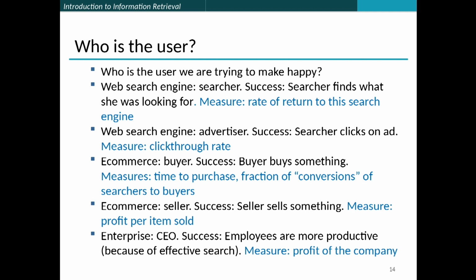So measure the rate of return to this search engine. If you consider the advertiser, clearly, it is how many clicks you have on your advertising banner. If you consider a buyer, it is to what extent, at the end, after your search, you buy something. If you consider the seller, how much do you sell, and so on and so forth, right?